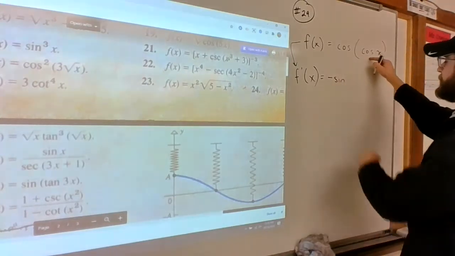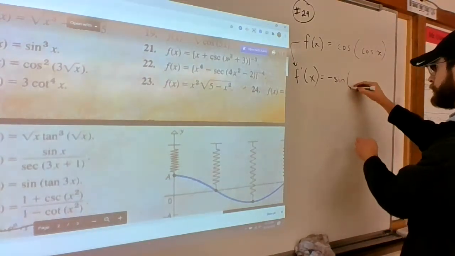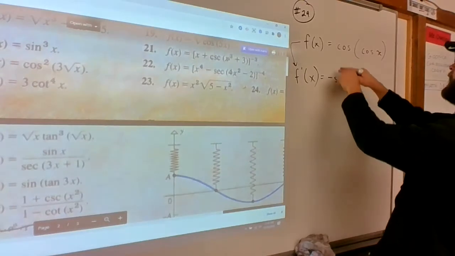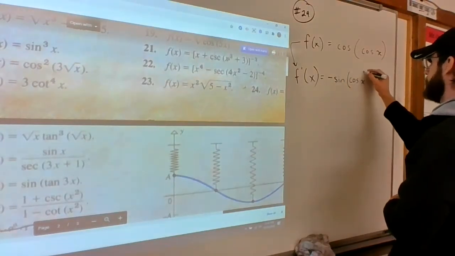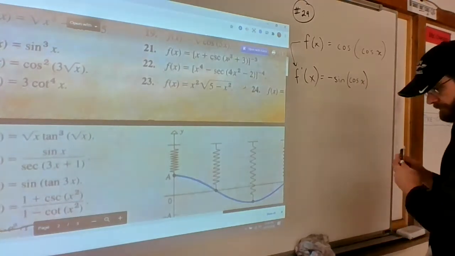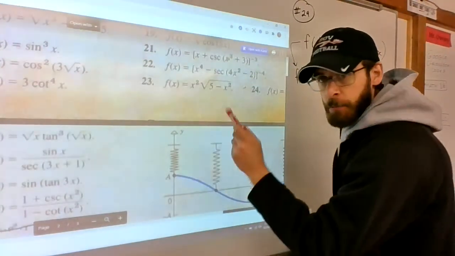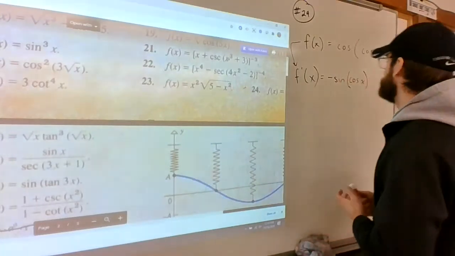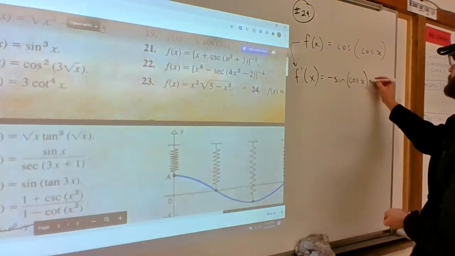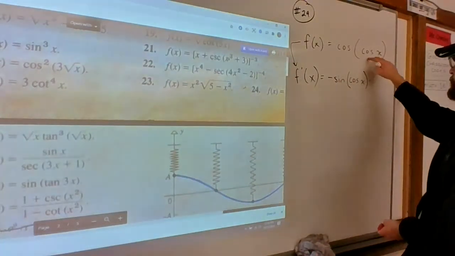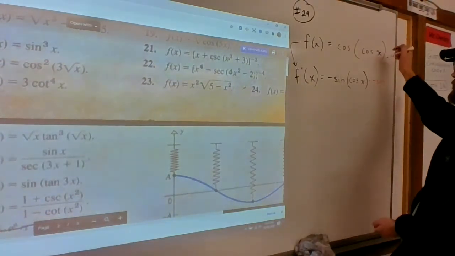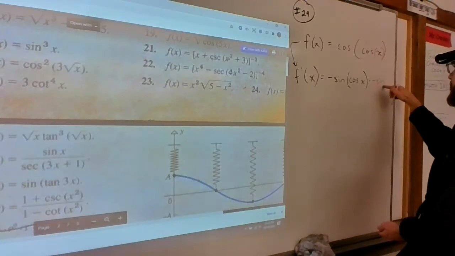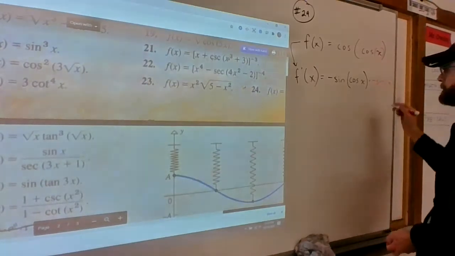You must retain its angle. So it's the negative sine of cosine of x. Now multiply by the derivative of the inside. The derivative of cosine is negative sine, and its angle is just x.